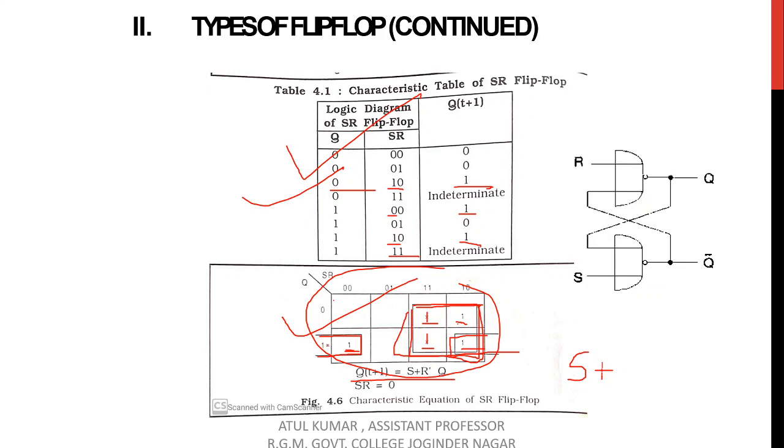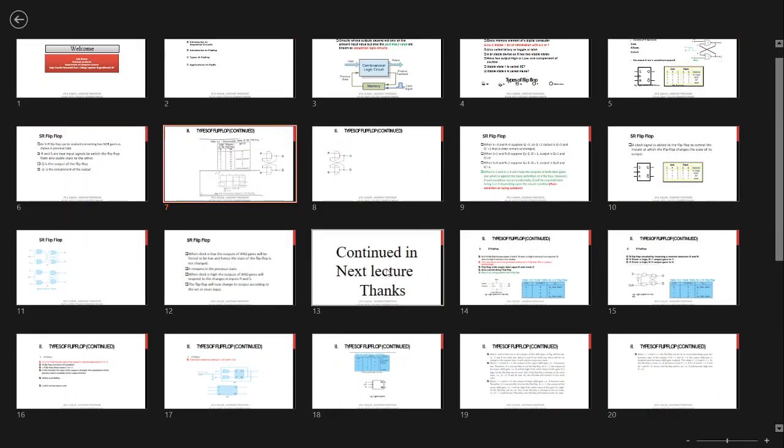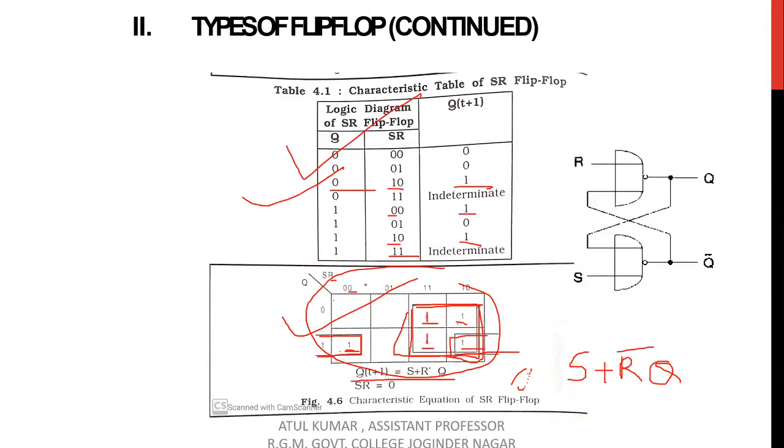For the second pair, the common value is 0, and 0 is for R, so plus R complement, since 0 is represented by complement, and again 0 is represented by complement so Q complement here, and this one is Q, so R bar dot Q. So this is the characteristic equation for the SR flip-flop: Q(n+1) equals S plus R bar dot Q.